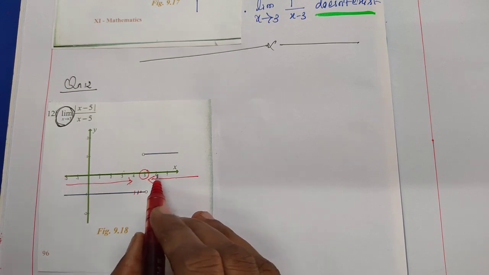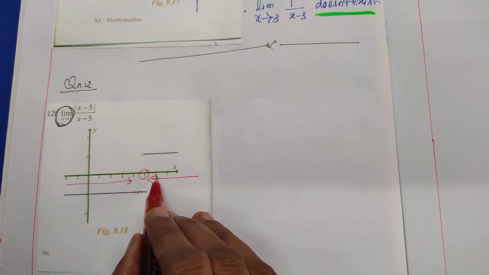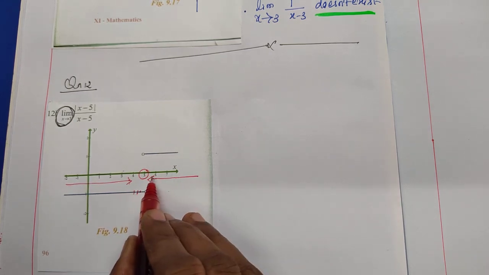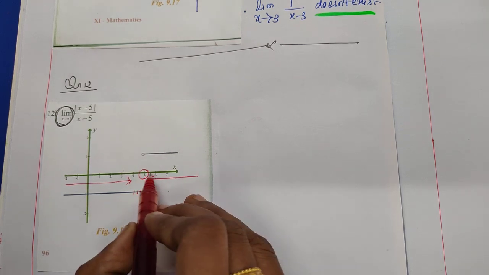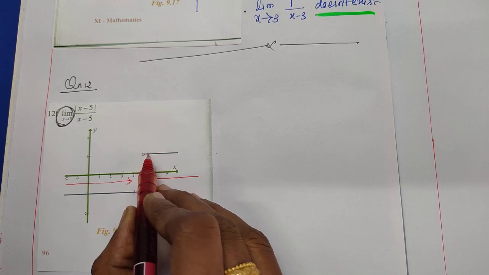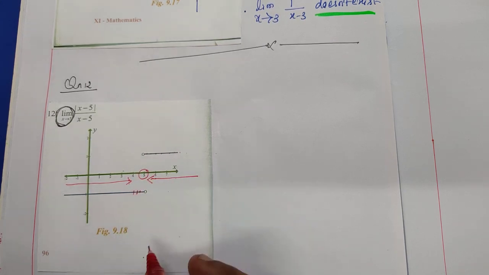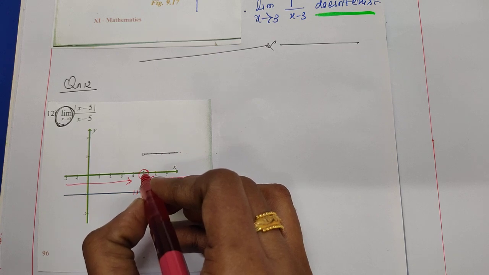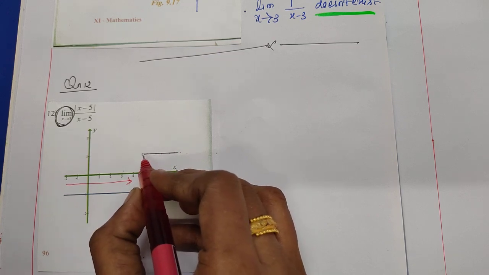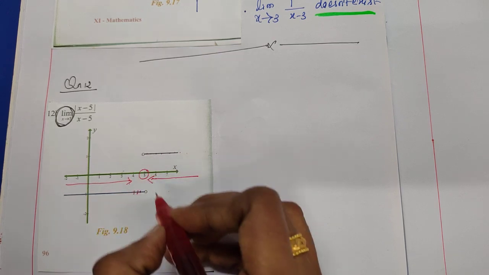In the same way, at the points rightwards of 5, 6, 7, 8 and going, our f of x takes plus 1. Here plus 1, plus 1, plus 1, and going. And at x is equal to 5, our f of x does not take plus 1.